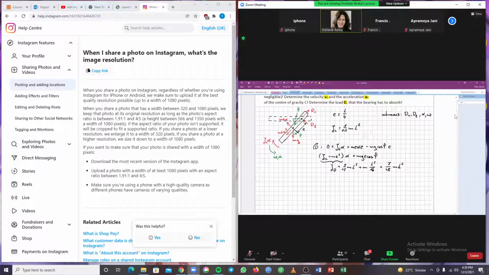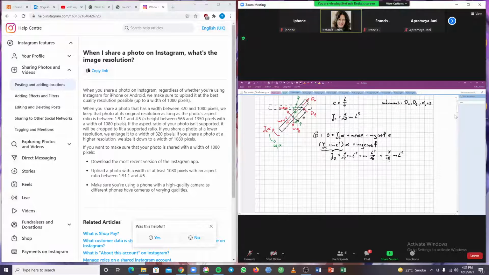Okay, then let's substitute this into the equation, and we obtain 7 over 48 m L squared alpha equals mg E, which is L over 4, cosine phi.